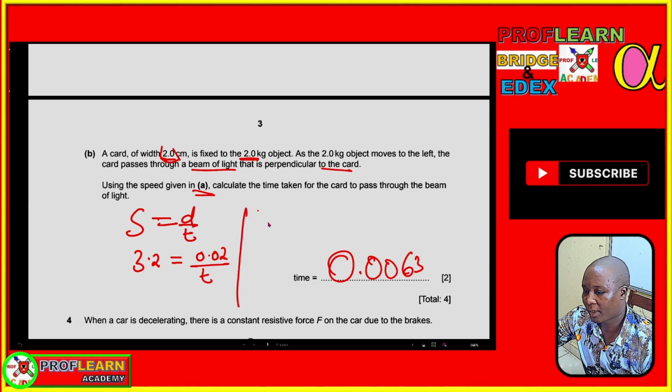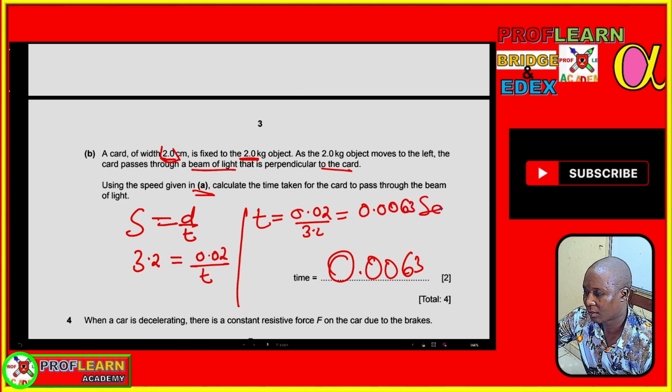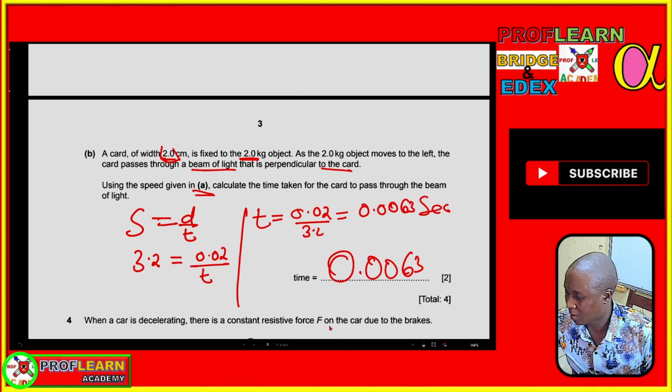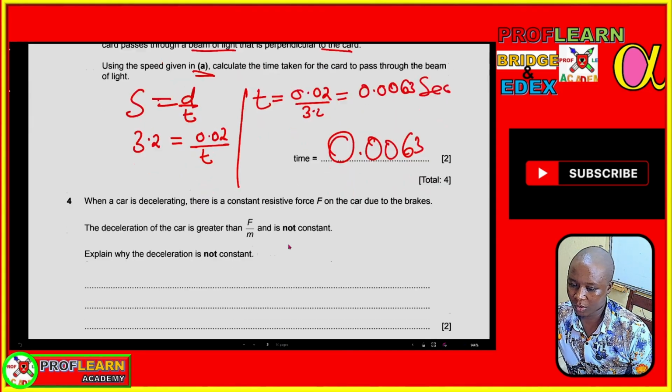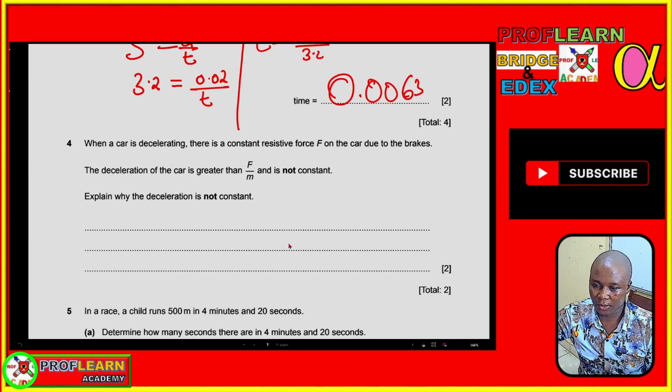If you make t the subject, it will be 0.02 divided by 3.2. If you plug it in the calculator, you're going to get 0.0063 seconds. So that is what you're supposed to get.